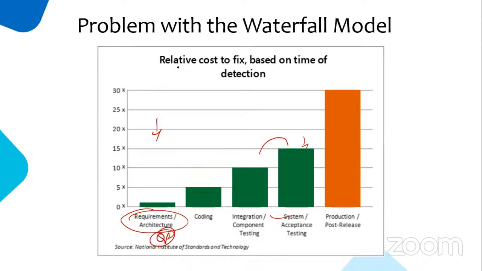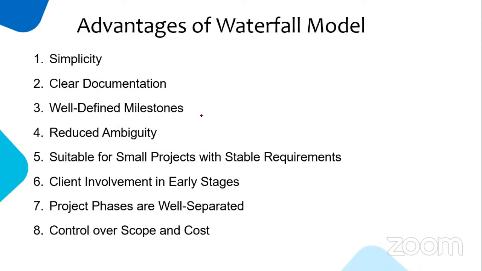So what they say is the relative cost to fix based on the time of detection. That is the problem with the waterfall model. We have so many problems; what I have explained is one of them. And let's try to understand the advantages.